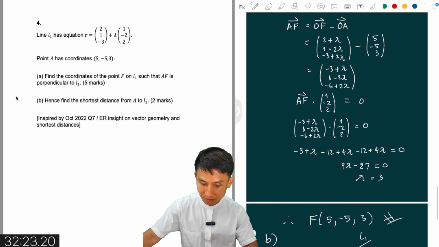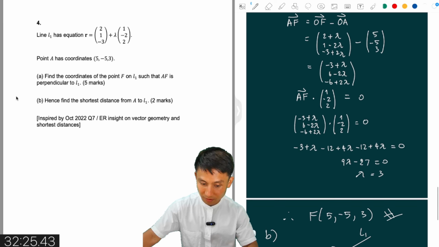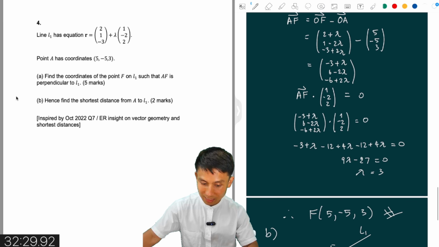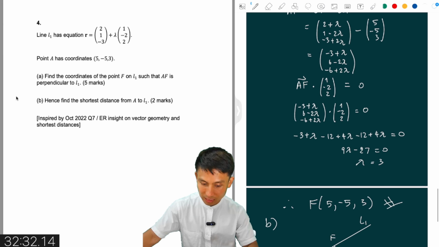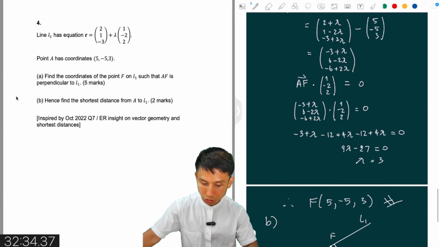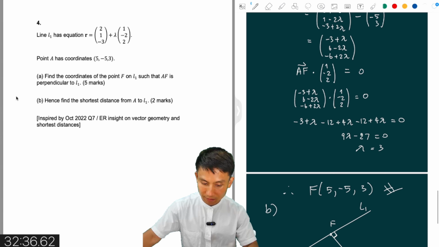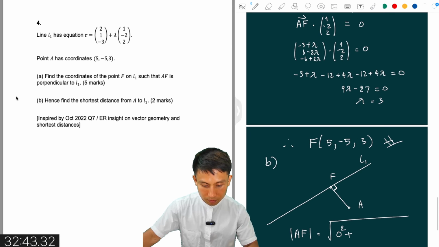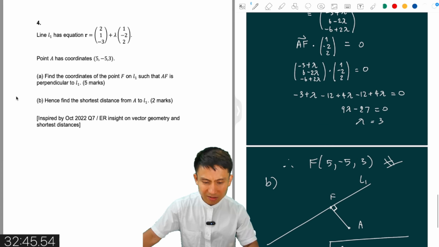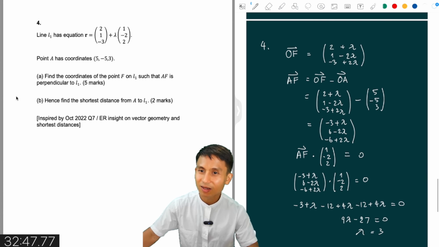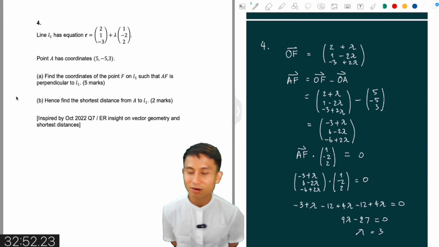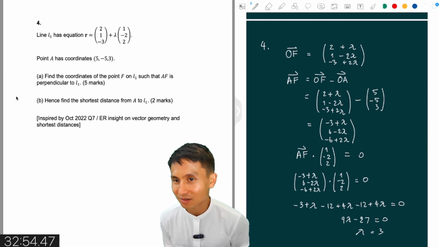One plus 5 is 6. 3 minus 3 minus 3 is minus 6 plus 2 lambda. So we get lambda to be 3. That's kind of fine. So, is A on the line? Let's see, if I plug A into the r up there, if it's on the line, then this doesn't make any sense.